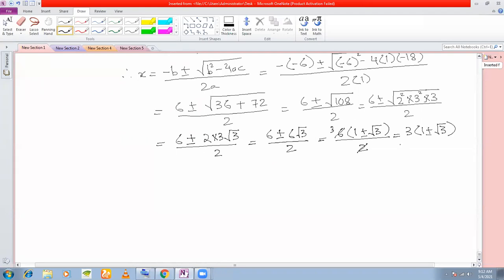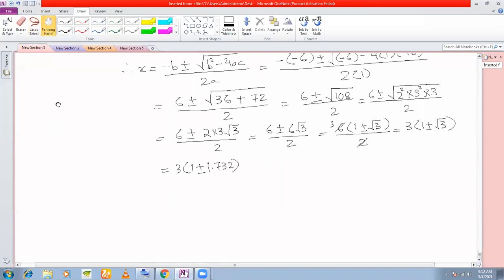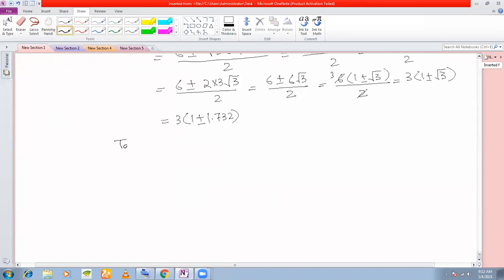Now you know the value of root 3 to be 1.732. So you just put the value here. You get 3 into 1 plus or minus 1.732. Okay. Now you take the positive sign. So this is 3 into 1 plus 1.732 is 2.732.